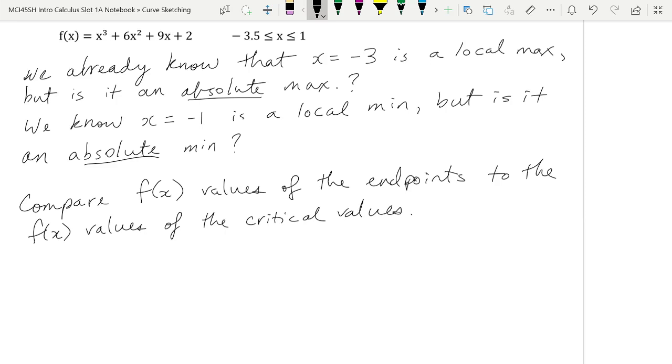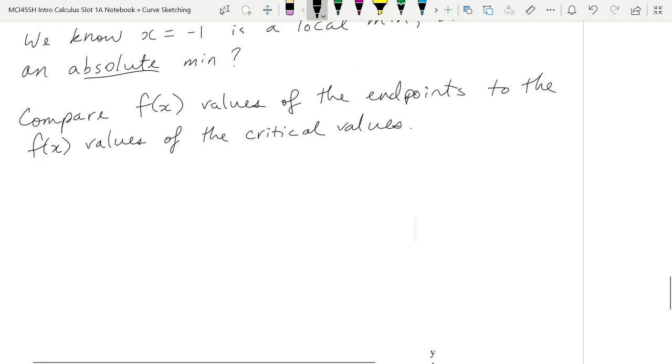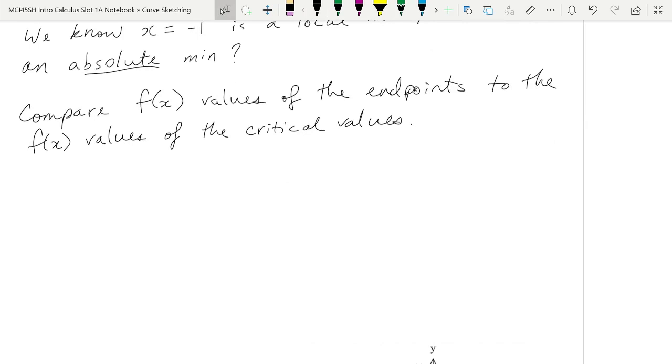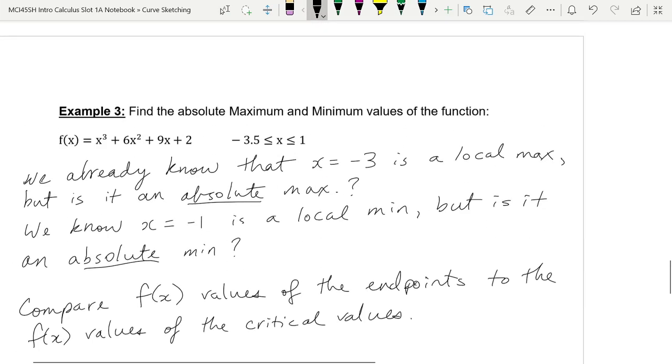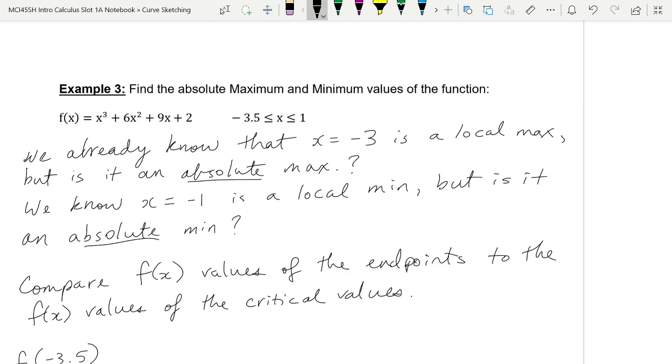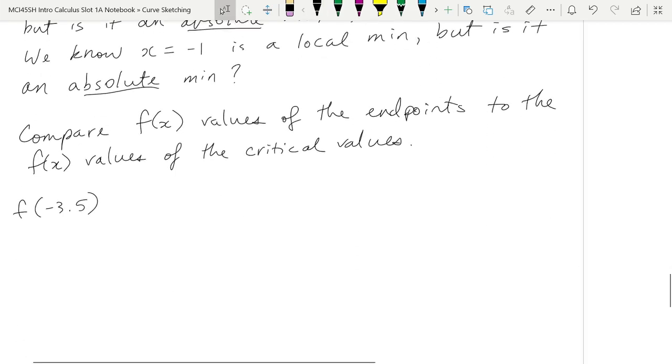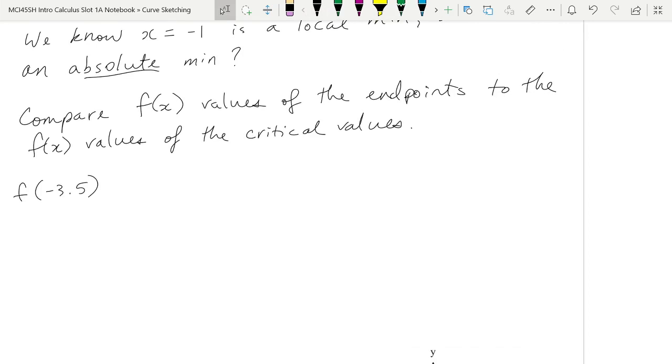So let's start with the endpoint. Let's find f of -3.5, right? Because go back to the function here. We're bounding this function. It goes as far left as -3.5 and as far right as positive 1. So let's find out what the y value is as far left as this function can go.